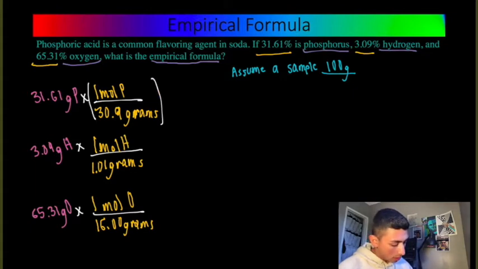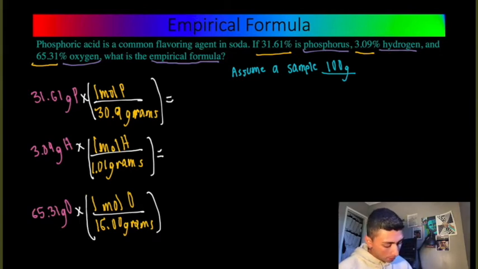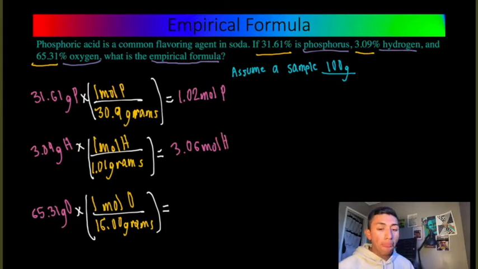I'm just going to put these in parentheses so that you can see it more clearly. Now, when you solve for each of these, your answers should be these. You should be getting 1.02 moles of phosphorus, 3.06 moles of hydrogen, and 4.08 moles of oxygen.